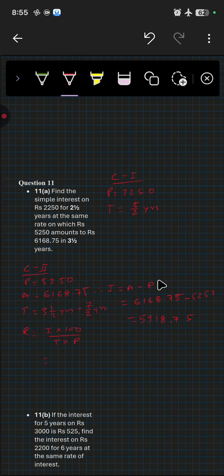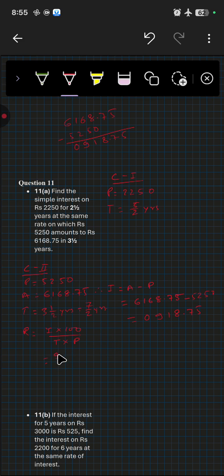It's too much. Okay, so what we do is we'll do it again. We'll subtract and get the answer using a calculator. You can also do it. 6168.75 minus 5250. The 75 will remain the same. So this is 918.75.